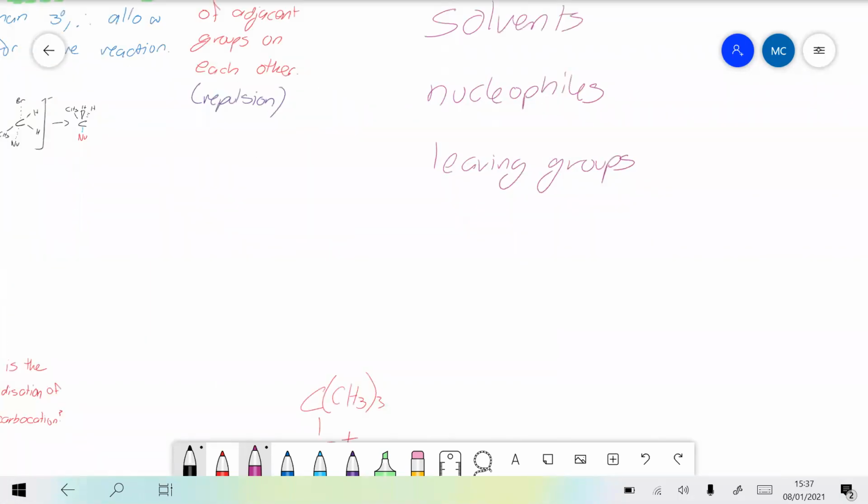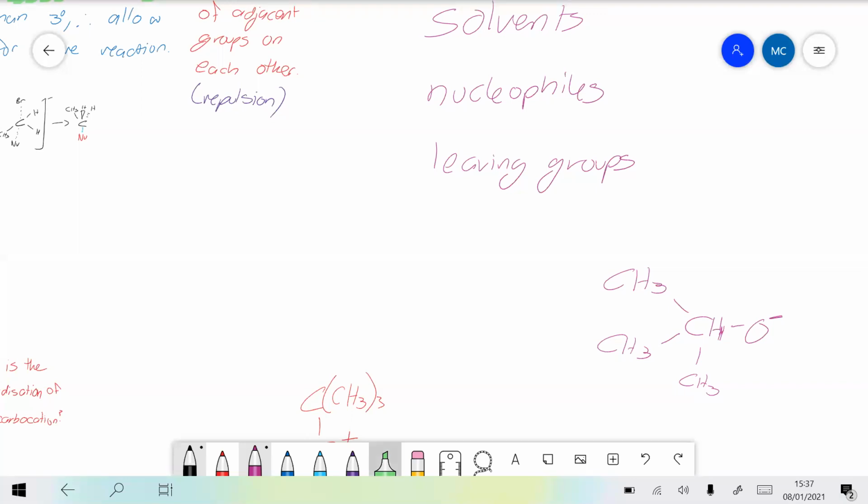If you have a strong nucleophile and a big nucleophile, something like this, then that will not be able to attack your halogenoalkane.